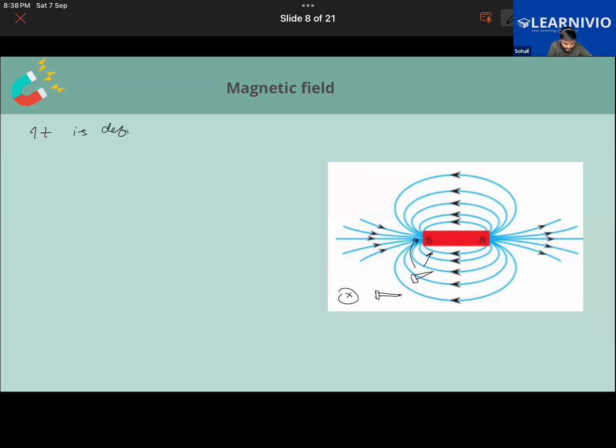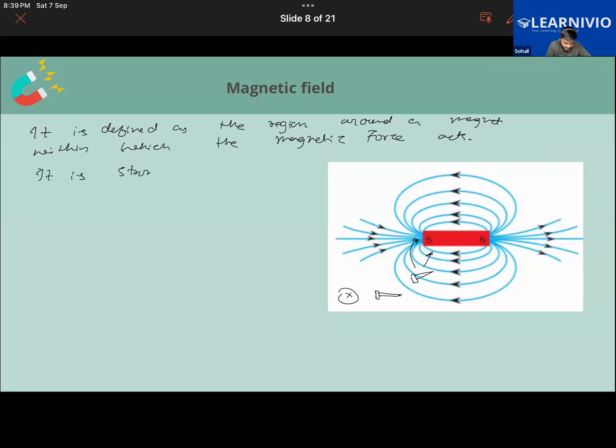It is defined as the region around a magnet within which the magnetic force acts. Furthermore, write down that it is strongest at the poles.